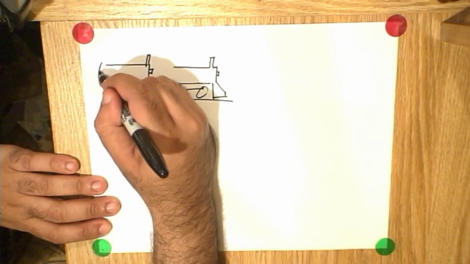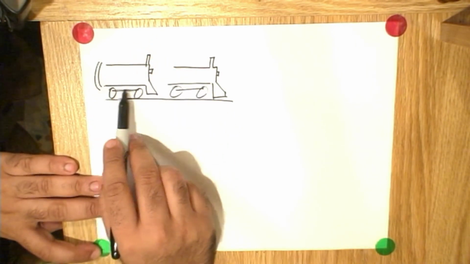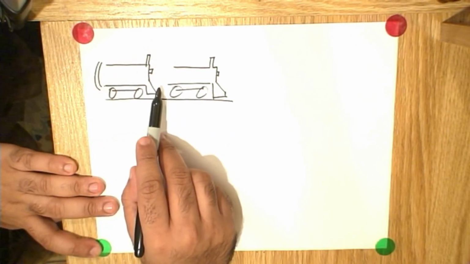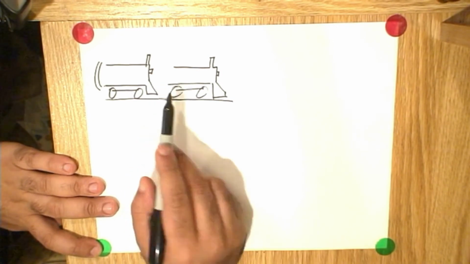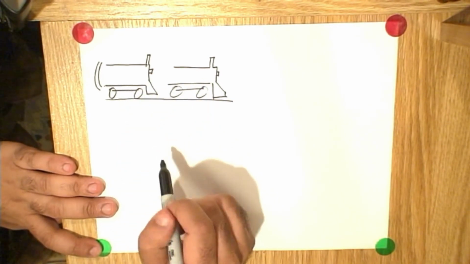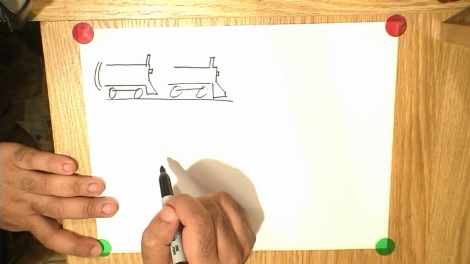Here, in Part B, the train is initially moving with the velocity that was the final velocity of Part A, that's 28 meters per second, but it gradually comes to rest, to a stop.